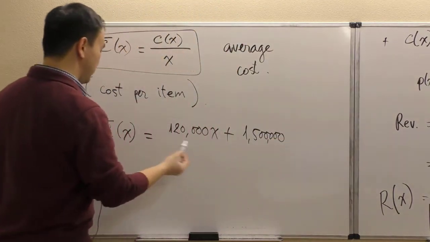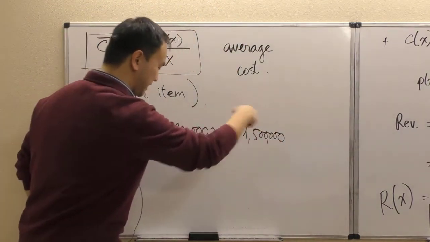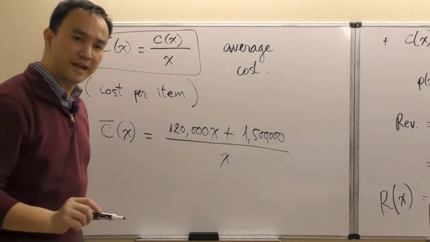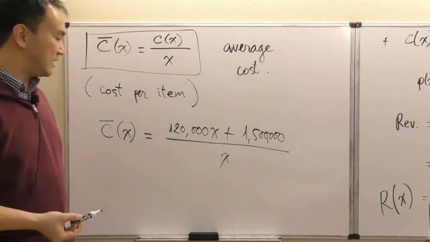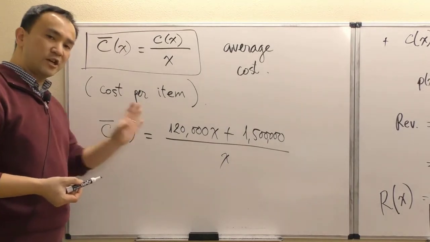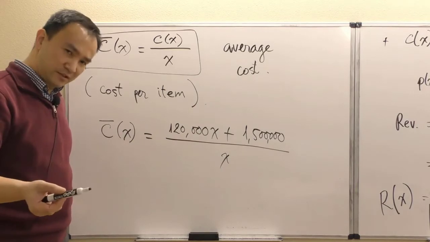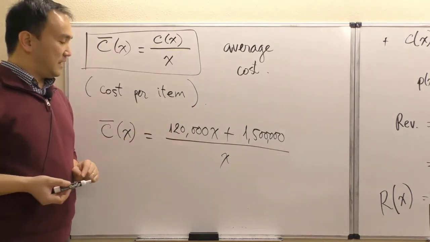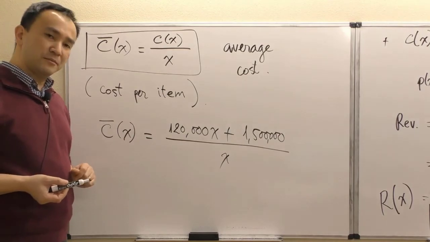So now all we do is take that C of x function and divide by x. The work is completely algebra. Usually this function is taught in finite math for business majors.